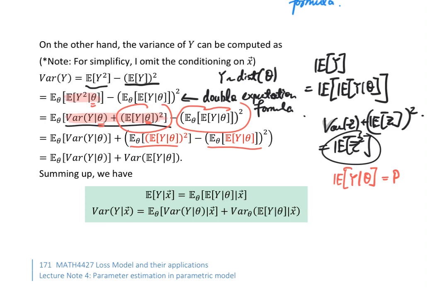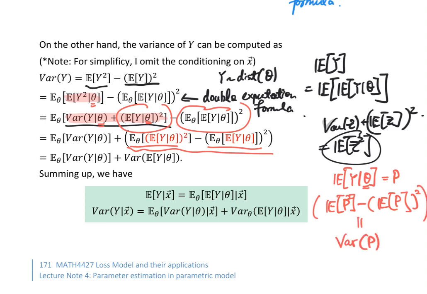Because this expected value depends on theta, and remember in our context theta is also a random variable, so this one is also a random variable, right? If you take this one to be p, the second term is just the expected value of p squared minus the expected value of p, all squared. So this one is just equal to the variance of p. That's why this one will be equal to this.